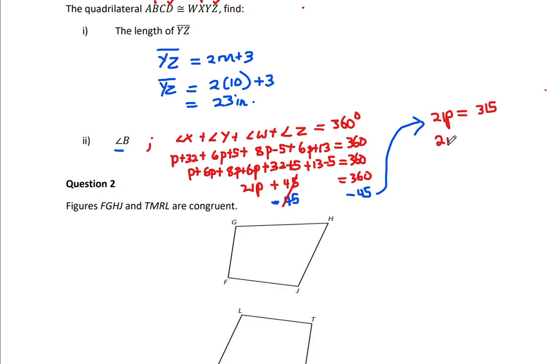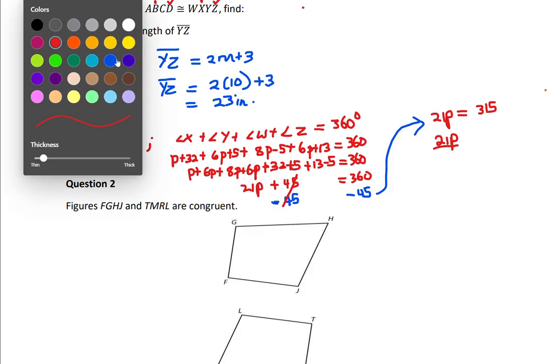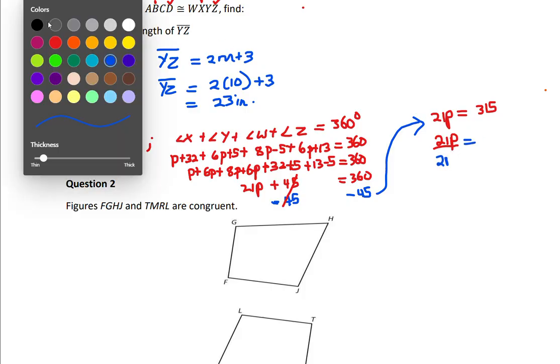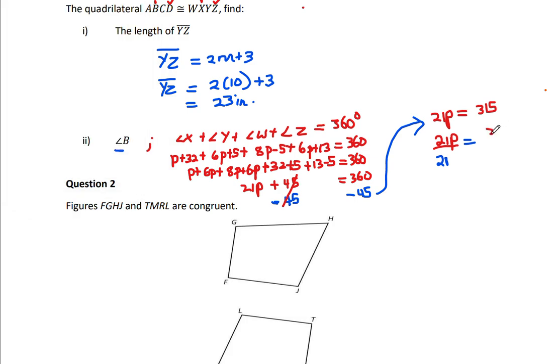In order to get rid of the term that is multiplied by P, so that we'll have P alone and fully isolated, we will do the inverse of multiplication by 21, which is to divide by 21. But as I've been emphasizing, what you do to one side of an equation, you have to do to the other side as well in order to maintain balance.